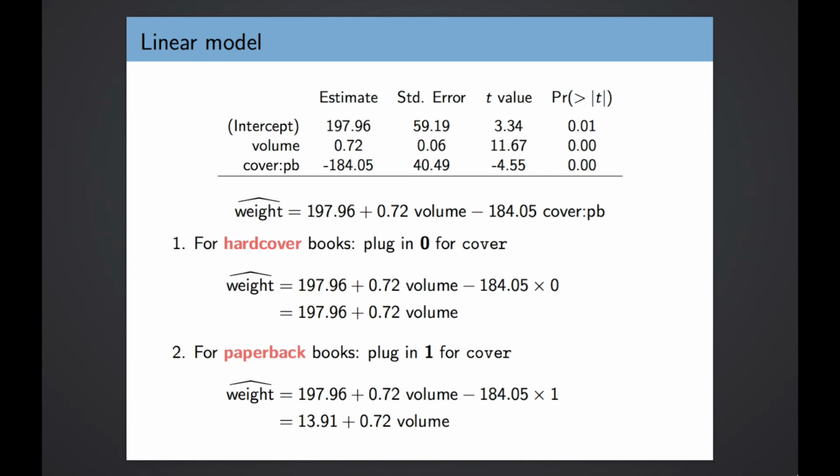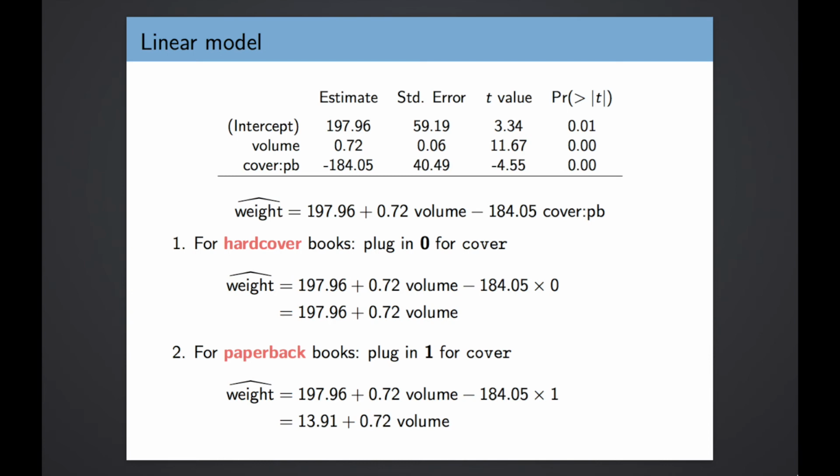So for a particular book that we're interested in, our predicted value of weight is equal to the intercept plus 0.72 times the volume of the book minus this slope term for the cover variable times 0, because the value of cover is 0 when our book is a hardcover. So that term just goes away when we're dealing with a hardcover book.